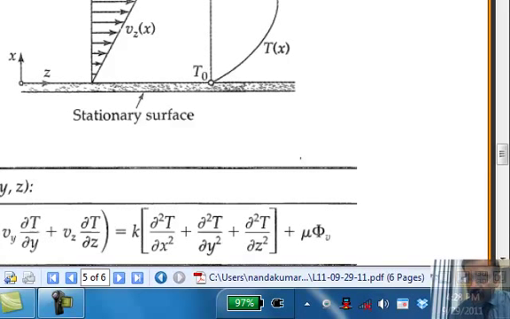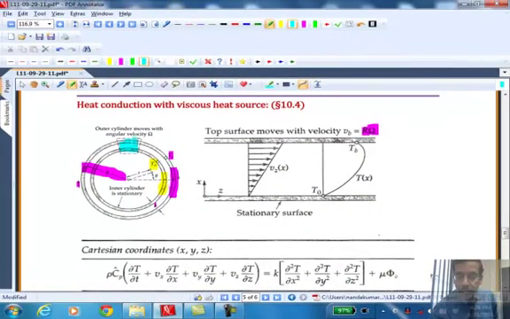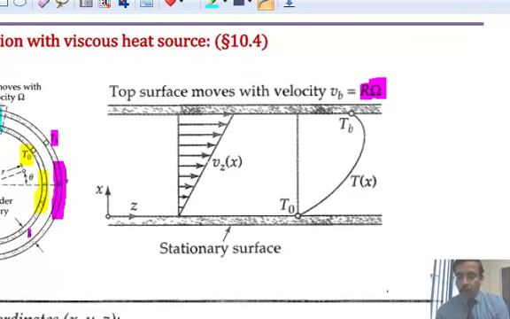If I cut this and look at it, it looks like the bottom plate is fixed, and the top plate is moving with a certain velocity, which is omega times R. The bottom plate is fixed. Now, I might ask you to do an analysis on the cylindrical geometry, but I'm showing you the analysis for a flat plate geometry.